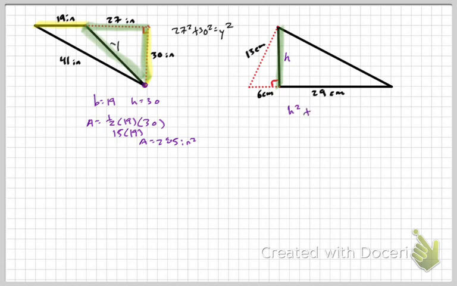H squared plus 6 squared equals 13 squared. Once you find what h is, it would be area equals 1/2 29 times whatever h is. Now there's a couple problems I want to show you that use some information from previous sections, and then we'll be all done.